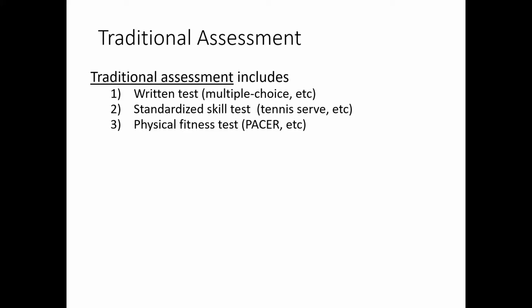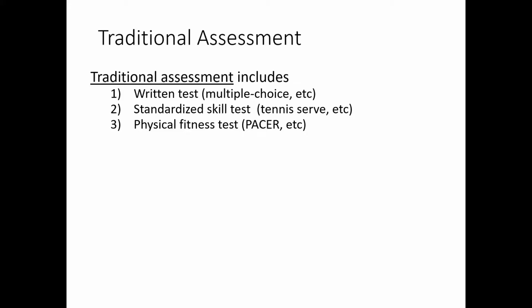Or a physical fitness test, where you maybe have to score a specific level within your activity class, or within your physical education course, you have to achieve a certain level within that assessment.